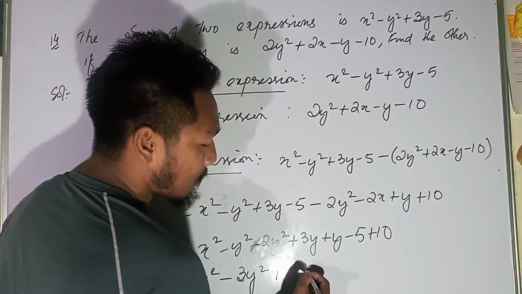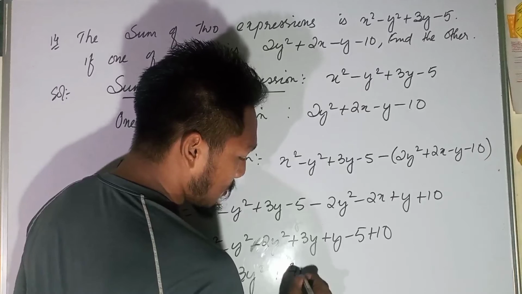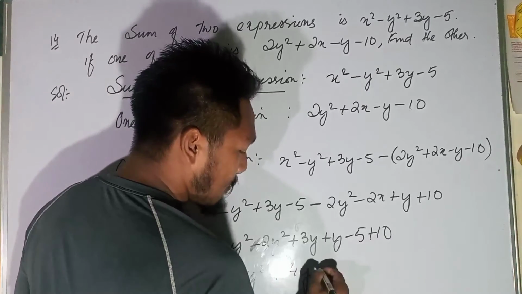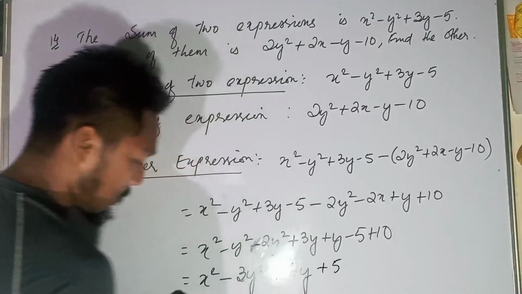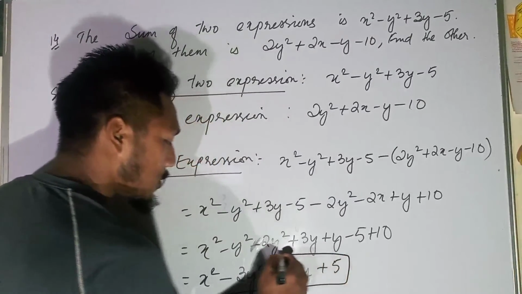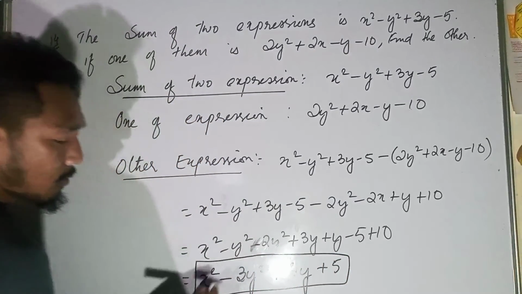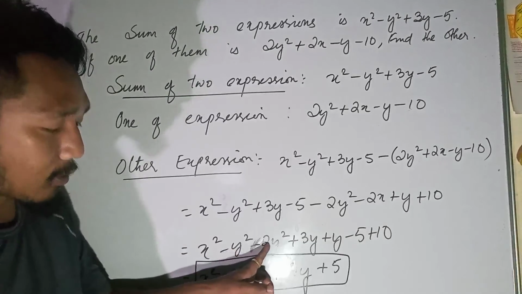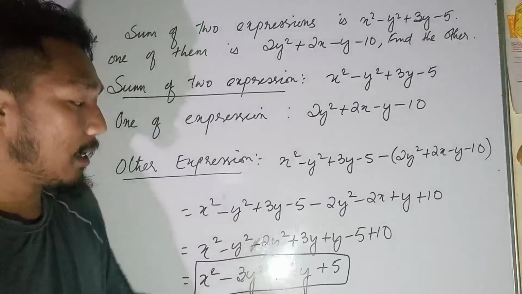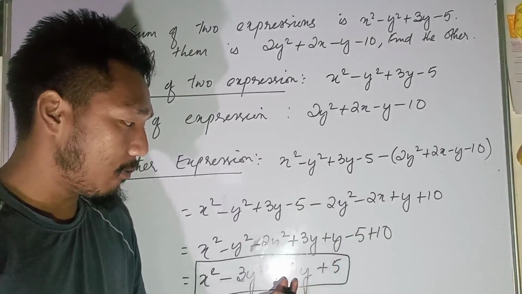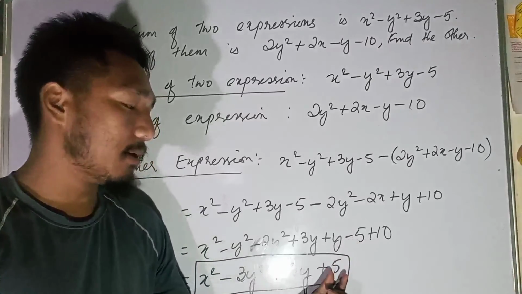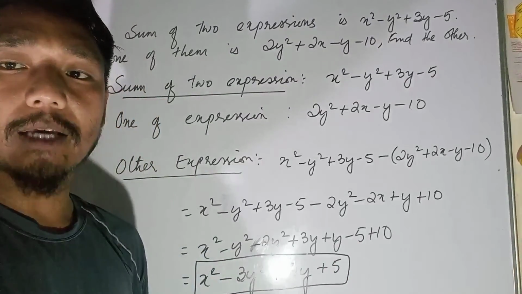Plus 3y and 1y is equal to 4y. Minus 5 plus 10 will become plus 5. So this is our expression. Minus 1 and minus 2 is minus 3, 3 plus 1 will become 4, and 10 minus 5 will become plus 5. This is your expression.